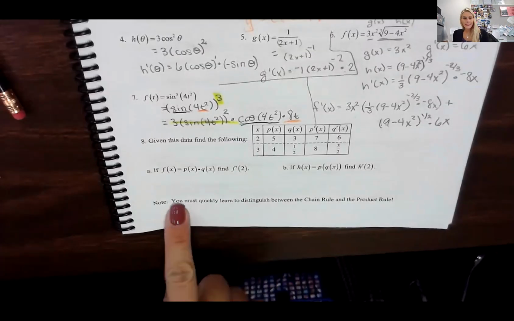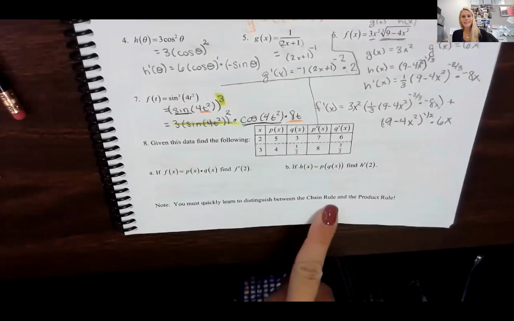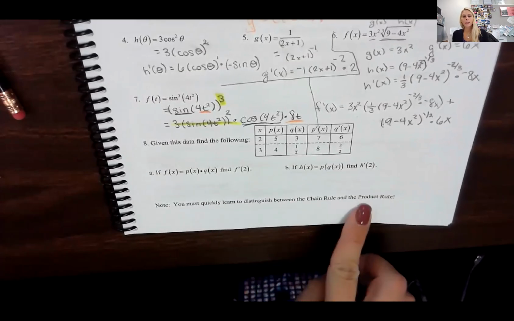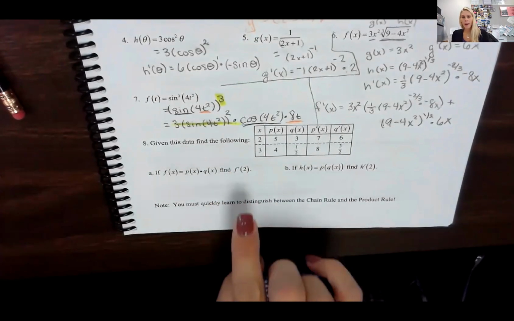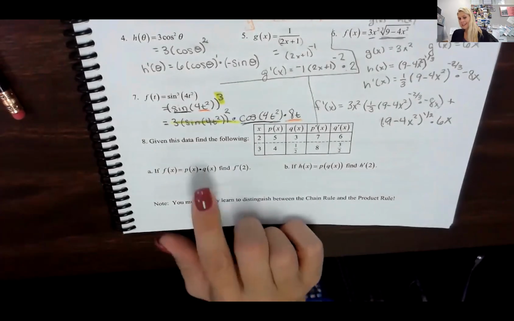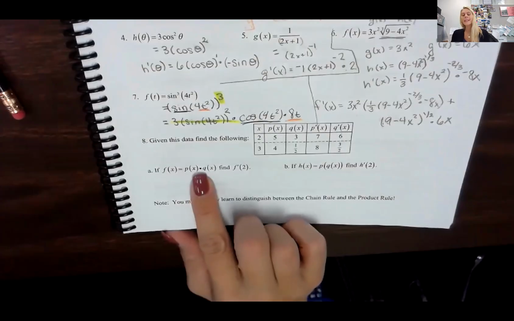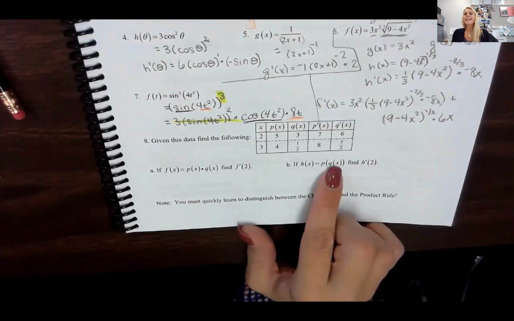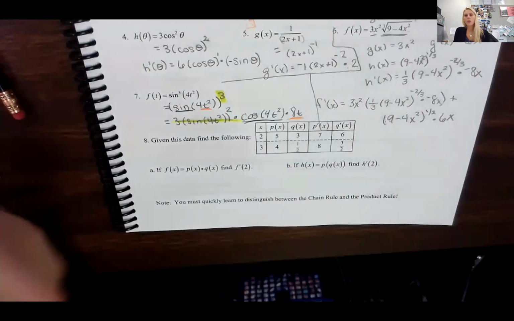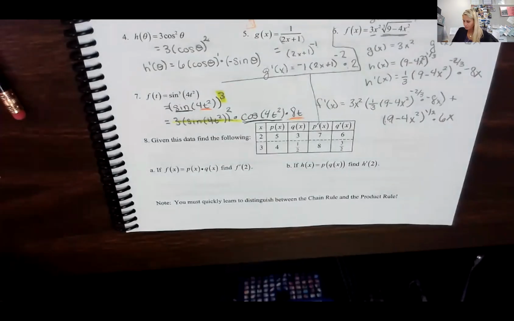Okay, it says down here, you must quickly learn to distinguish between the chain rule and the product rule. I am reading this before these two questions for that purpose. As you can see, this right here is the product rule. There's a multiplication, where this right here is a chain rule because it's one function within another.